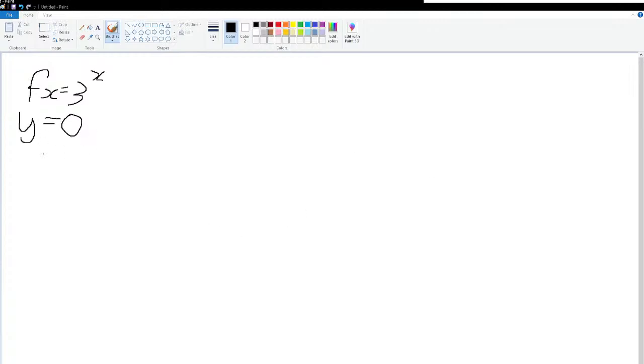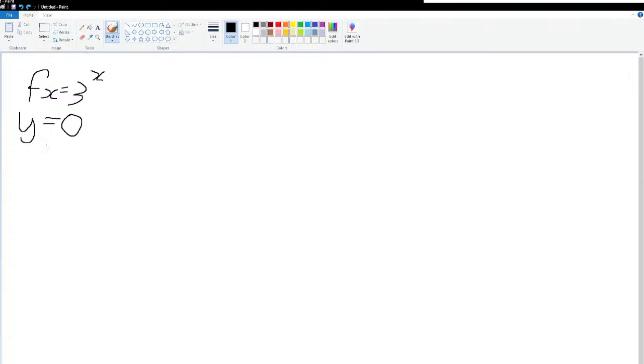So the y asymptote is equal to 0 because this is essentially a times b to the power of, or not a times b, I think it's just a to the power of x plus q. Now since they've already given us a value for this, which is once again just a 0 because there's nothing to plus here, that is why the asymptote is equal to 0.